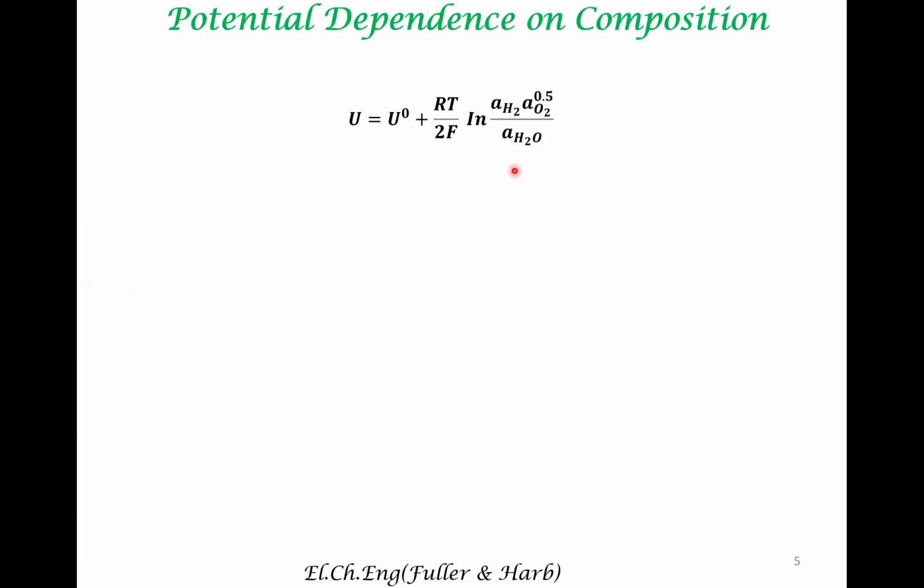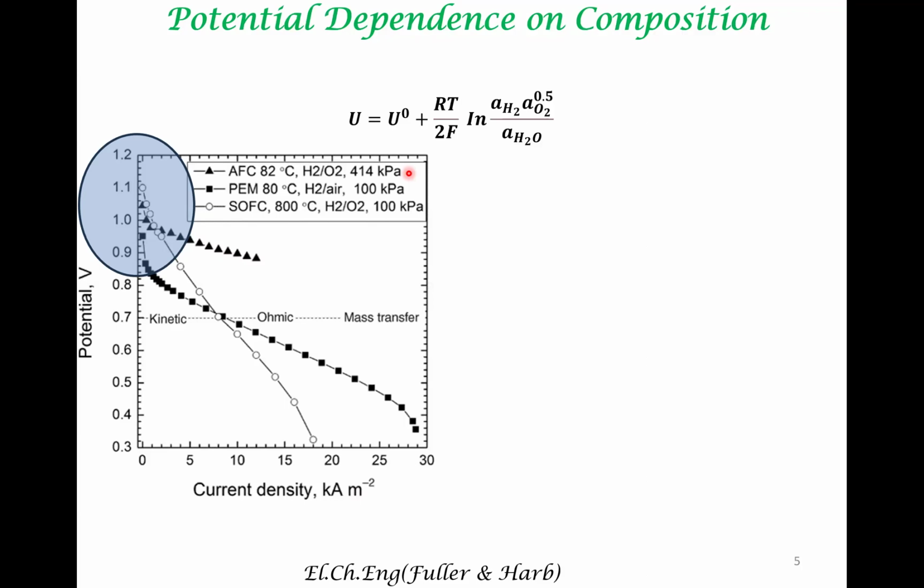The composition of the reactants that you utilize and the products, of course, also determines the potential. We have seen this form of equation when we looked at the electrochemical thermodynamics. So please refer to those lectures to rationalize this formula. With this, we can get to the other variation.